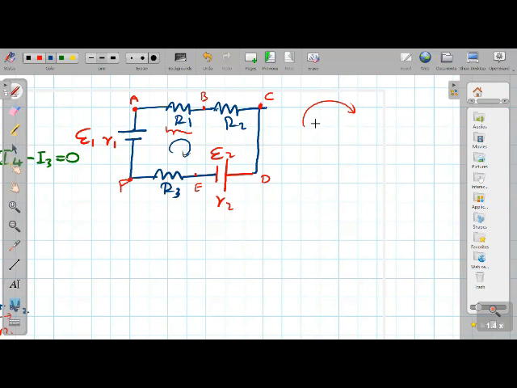So according to this clockwise direction along the loop A, B, C, D, E, F, it again finishes at A because it's a loop. Loop means you have to start from here and finish at the same point.